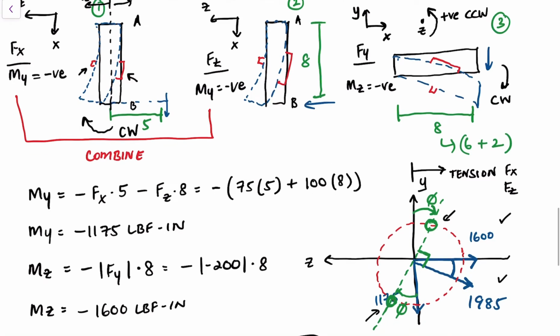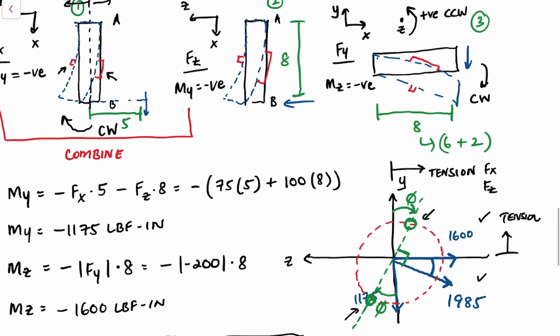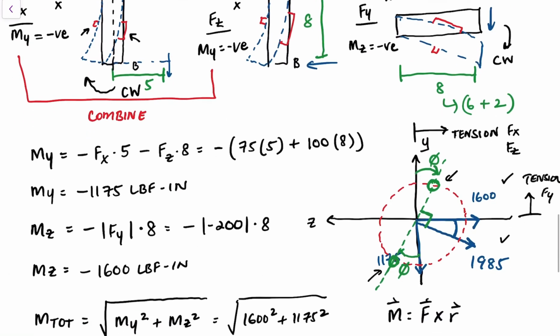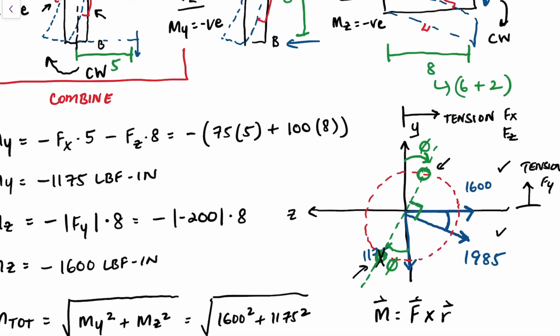So positive y, tension due to Fy. So based on that, it's going to be in the first quadrant, which means that not this, but this is our critical location.